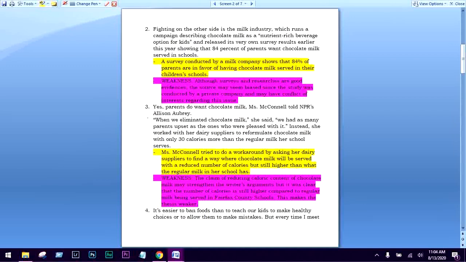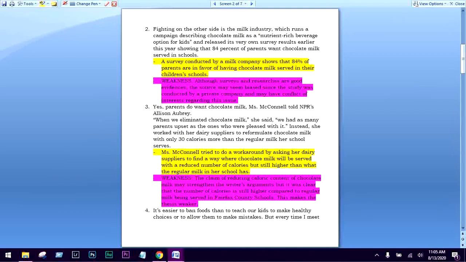It may have a conflict of interest regarding this issue. So it's not a good survey. Plus, it's not specific. Which area? What company? So it's not a very good evidence. It's incomplete. Another argument from KJ Dell'Antonia.